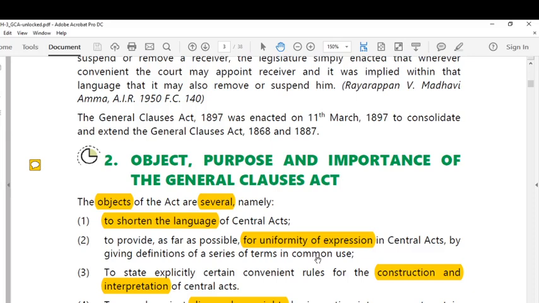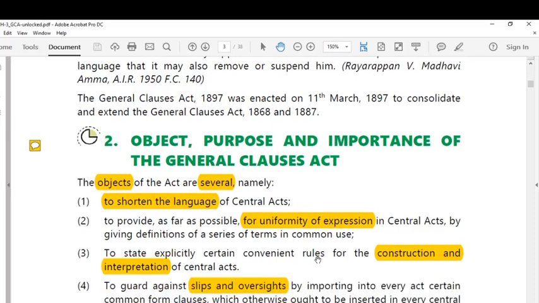To start with any bare act, if you see it at a minute level, the template, the structure of the expression will be uniform.